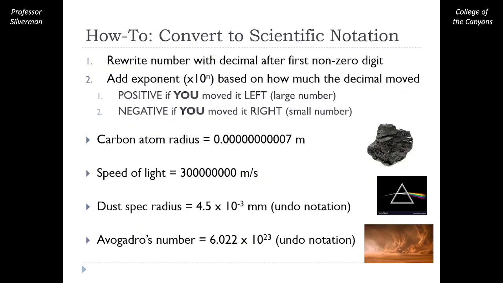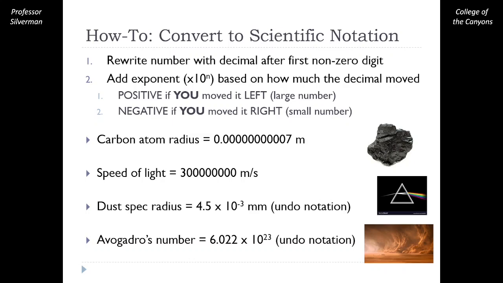Here's our strategy for converting numbers into and out of scientific notation. We want to shift our decimal place if you're going into scientific notation so that it fits that form where you have just one digit then the decimal place. The way we can do this is by counting how many times we shift our decimal place.